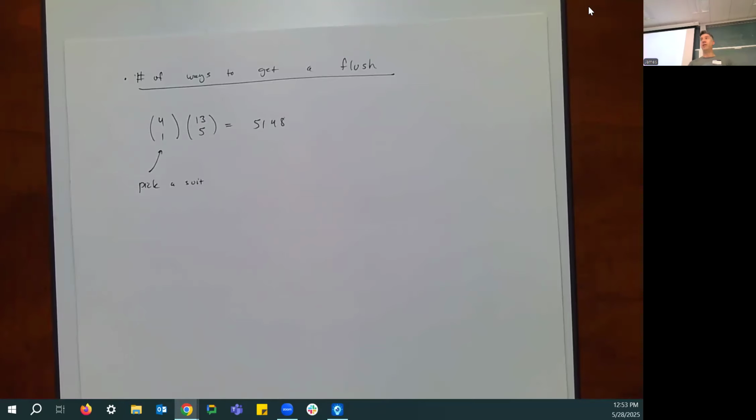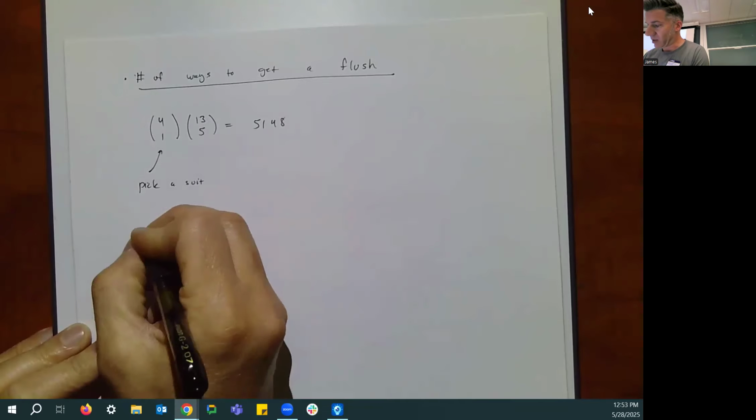There's the one that starts with an ace low: ace, two, three, four, five, or two, three, four, five, six, or three, four, five, six, seven, and so on up to 10, jack, queen, king, ace, which is the highest straight flush, also called a royal flush. So there's literally 10 straight flushes of any one suit. The lowest one starting with ace, the highest one starting with 10. Or you could say the lowest one ending with five and the highest one ending with ace.